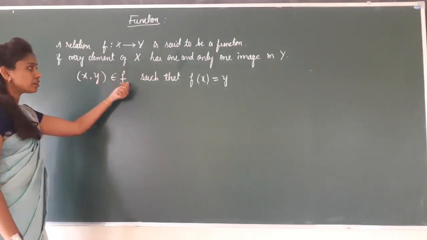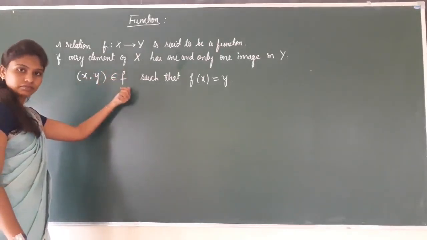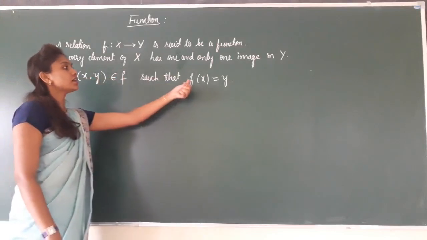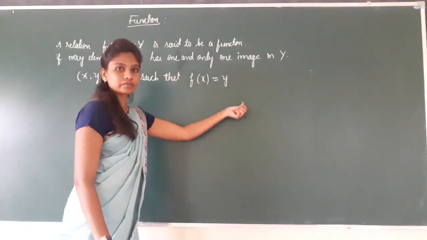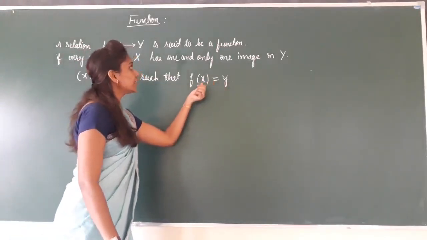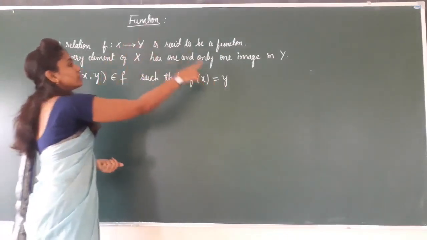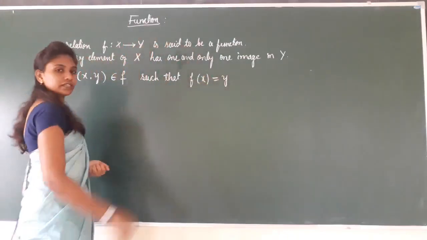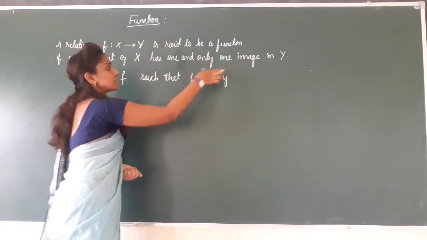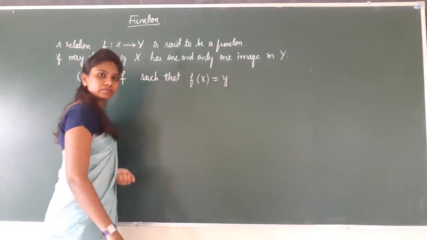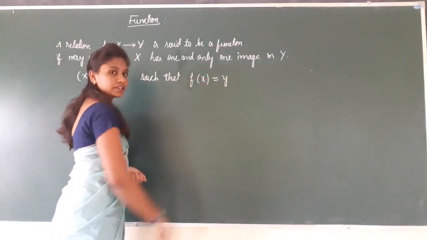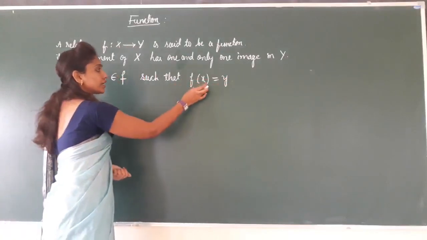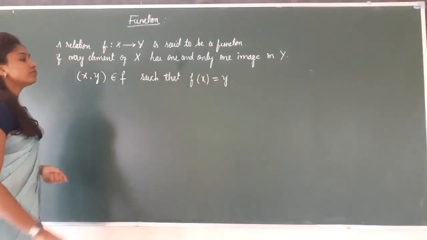That ordered pair belongs to the function f. Then we have to write f(x) = y, where x belongs to the set X and y belongs to the set Y. f(x) is nothing but y, where f(x) is the image of element x.